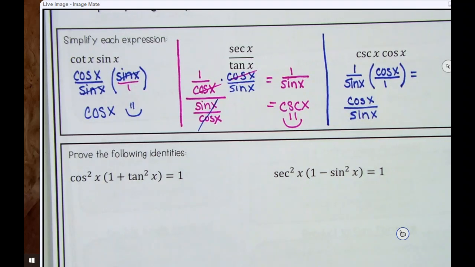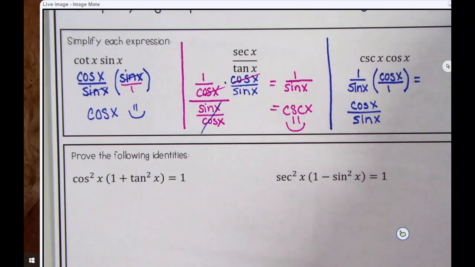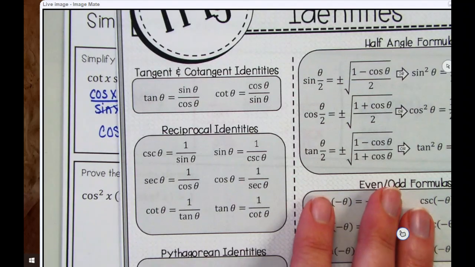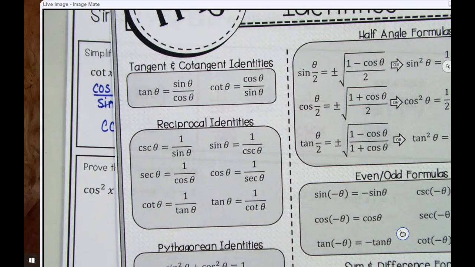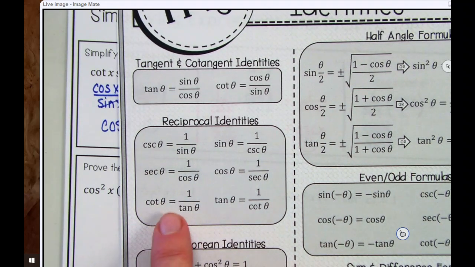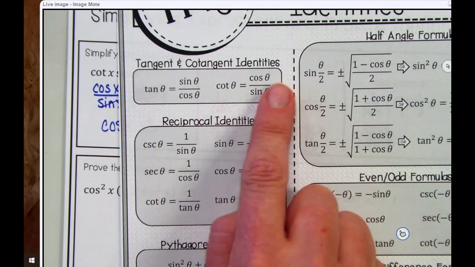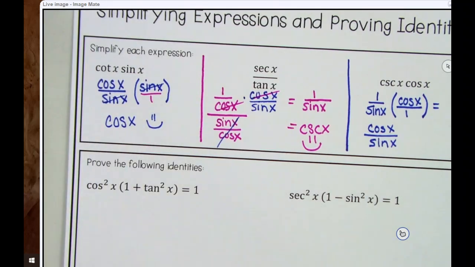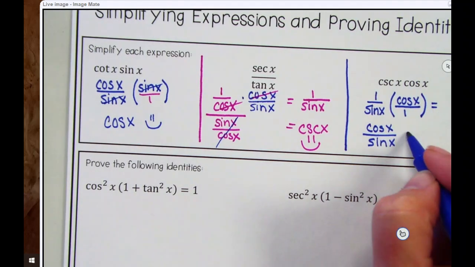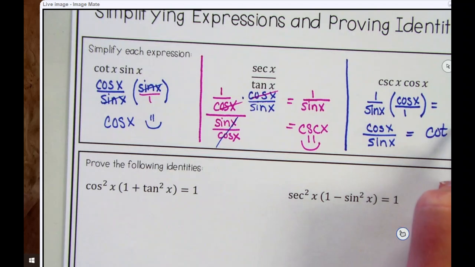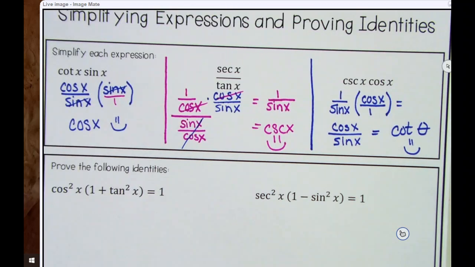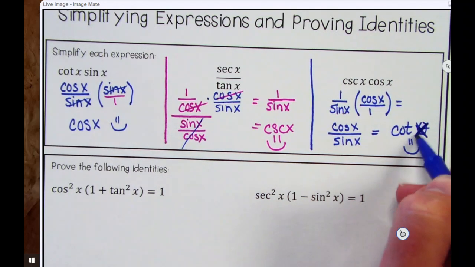I feel like I saw something like that on my formula and identity. Looking for cosine over sine. Where is that? Cosine over sine is cotangent. Oops, I put theta instead of x, but put it back in terms of the variable we started with.